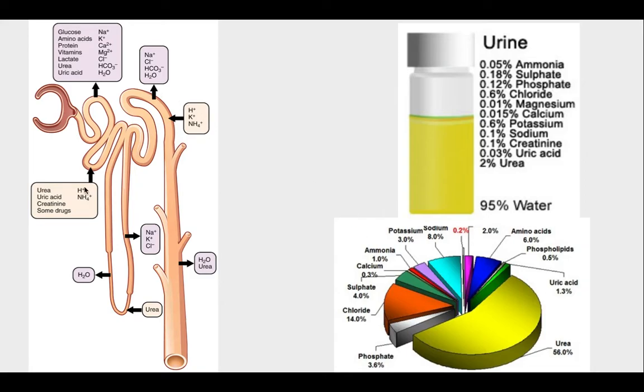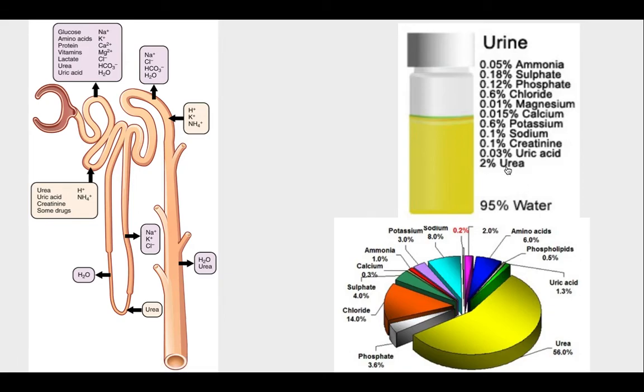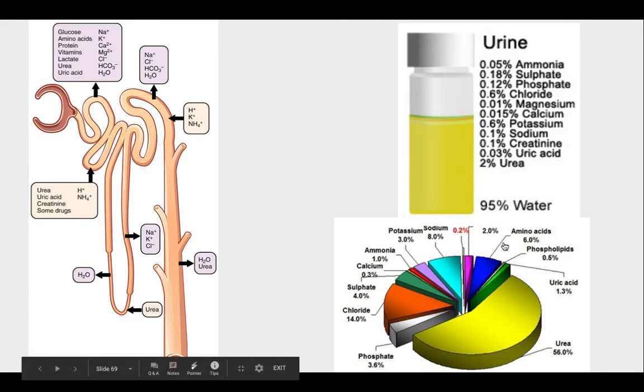In this diagram, you don't really need to know the details, but what you see is that different materials are moving into and out of the filtrate as it makes its way along its pathway, until eventually it forms urine. If we look at urine, it's 95% water, 2% urea, and then small amounts of other materials.